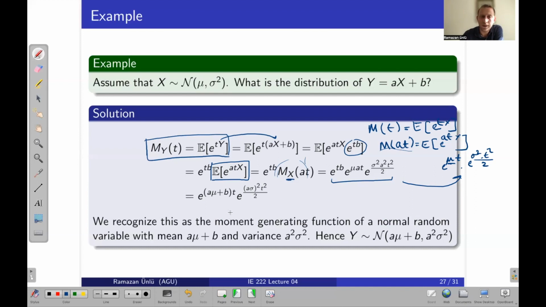So that's why we can say that the new random variable Y has a normal distribution with the parameters a times mu plus b and a square times sigma square. Okay, so we just deduced these points by using the moment generating function. That is one of the ways of using the moment generating function.